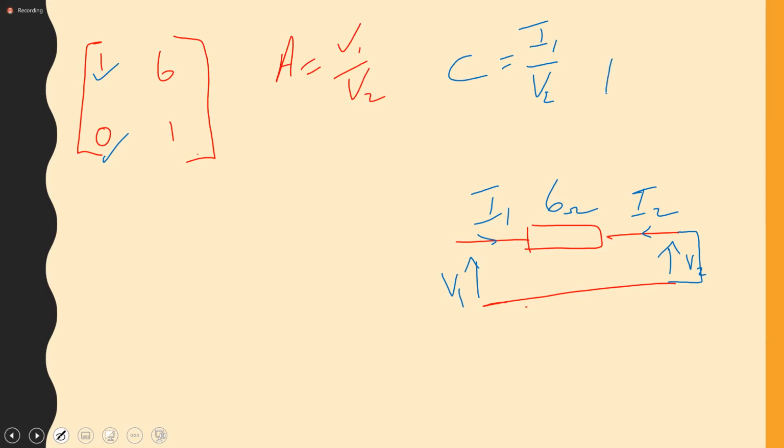What is B given by? B is V1 over minus I2. What's the relationship between V1 and I2?